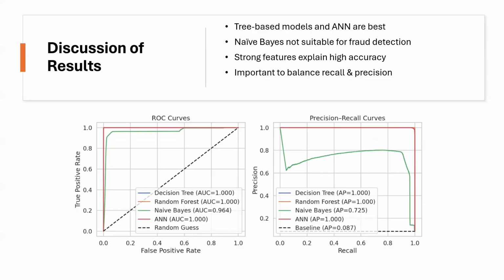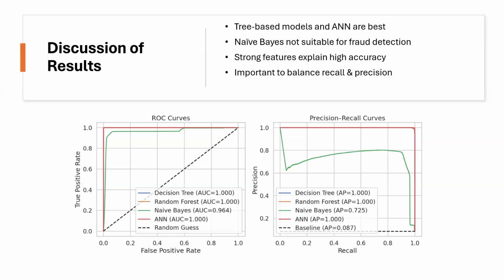Our results show that tree-based models like random forest and deep models like ANN are the best for fraud detection, like credit card fraud detection. For this dataset, they gave almost perfect results and caught almost all fraud cases. The naive Bayes model is not suitable because it missed many fraud cases, even though it had high accuracy overall.